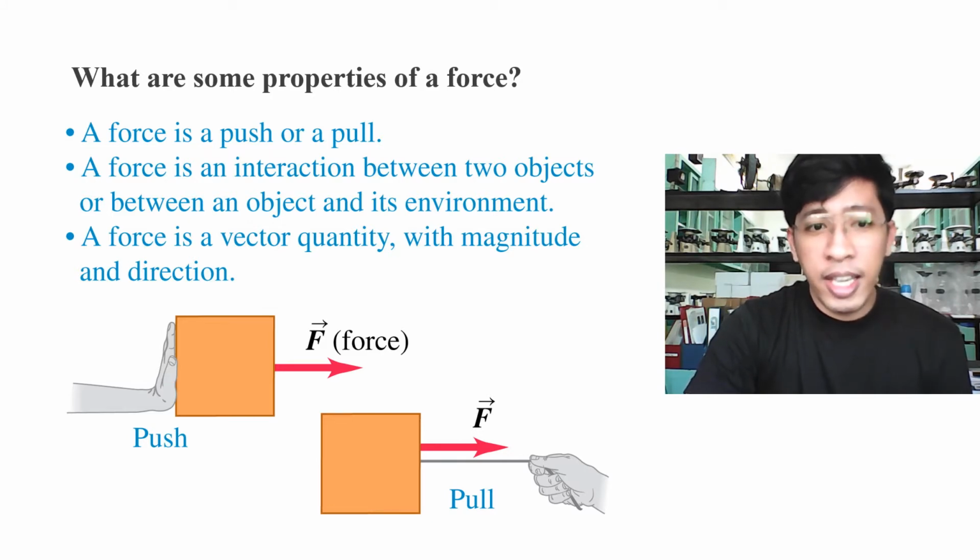As you can see here, the push and the pull are actually just the same force if you apply it with the same magnitude, pointing in the same direction. So there's no difference between your push or your pull. That's why the push and pull definition of force is not enough. Instead, it's an interaction between two objects or between an object and its environment.